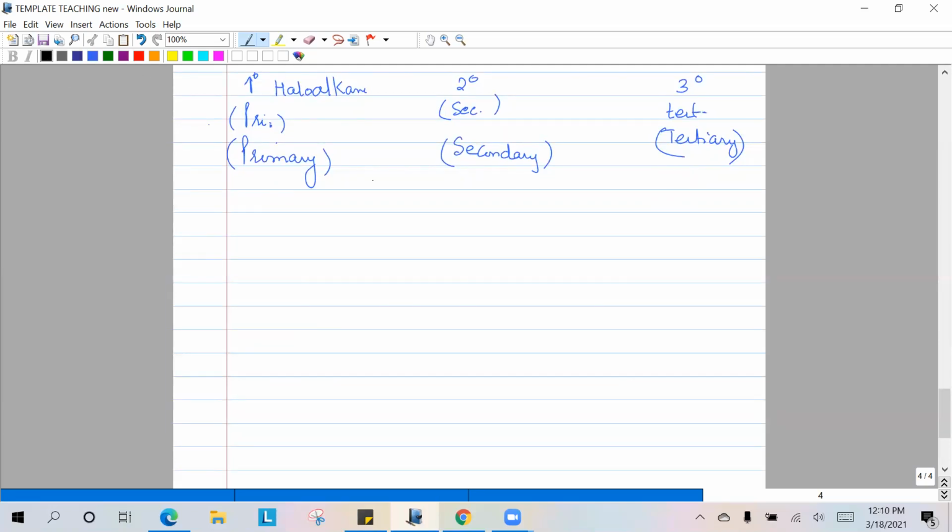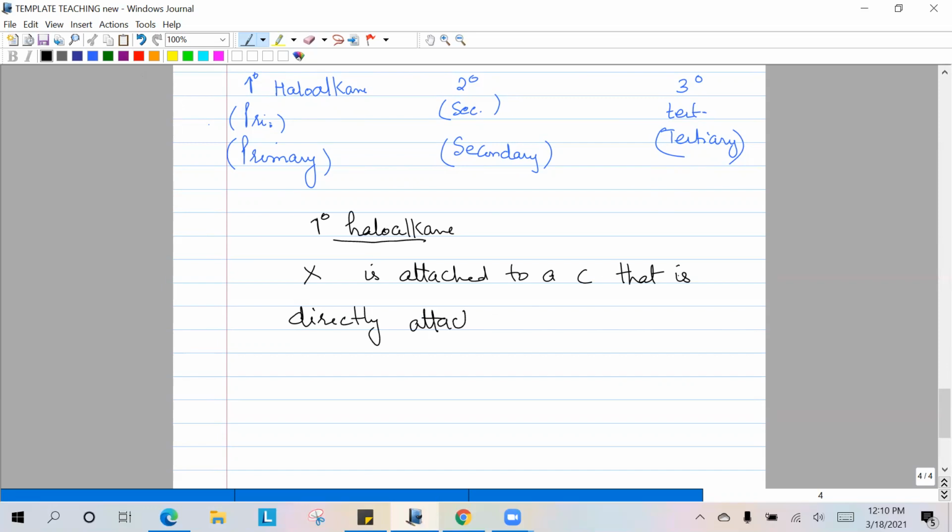Just a quick look. When you are talking about a primary haloalkane, it means the X, which stands for the halogen, is attached to a carbon that is directly attached to one carbon or none.